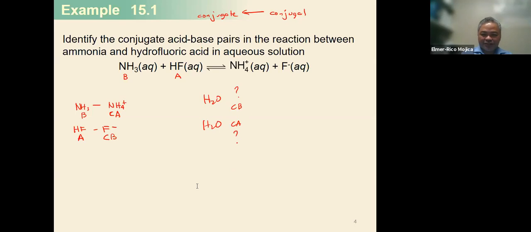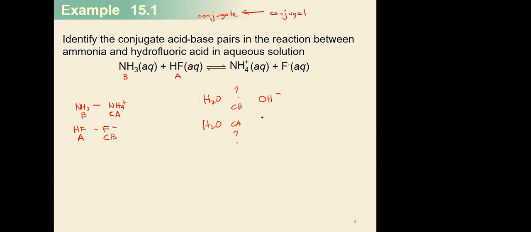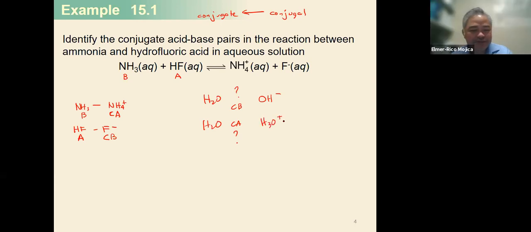If you look at the conjugate base, that's one less hydrogen. Now, what about the conjugate acid of water? H3O plus, very good. The next item that we have here has something to do with the unique properties of water.